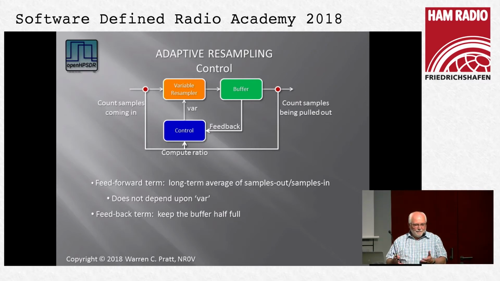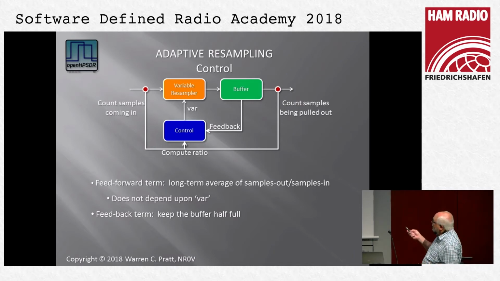That gives us VAR. And you might think that's all there is to it. That's a sufficient calculation. But on average, we want to keep that buffer about half full. So there's another term we need in the feedback, which we derive by looking at how full the buffer is and slightly adjusting the ratio based upon how full the buffer is.